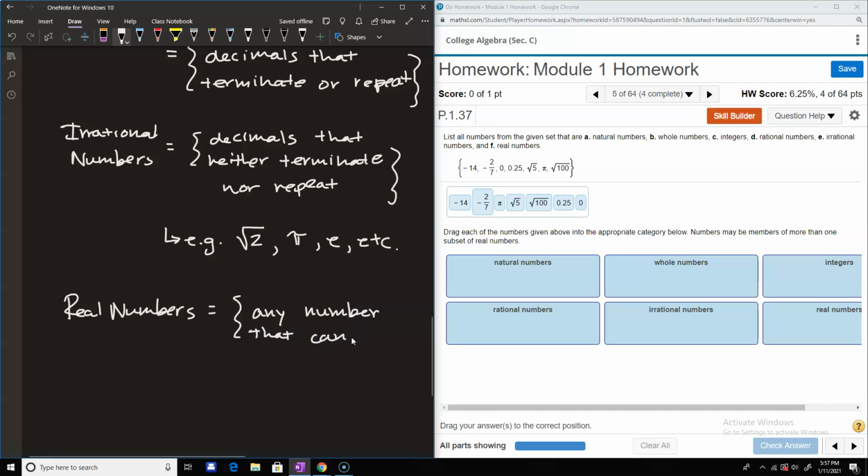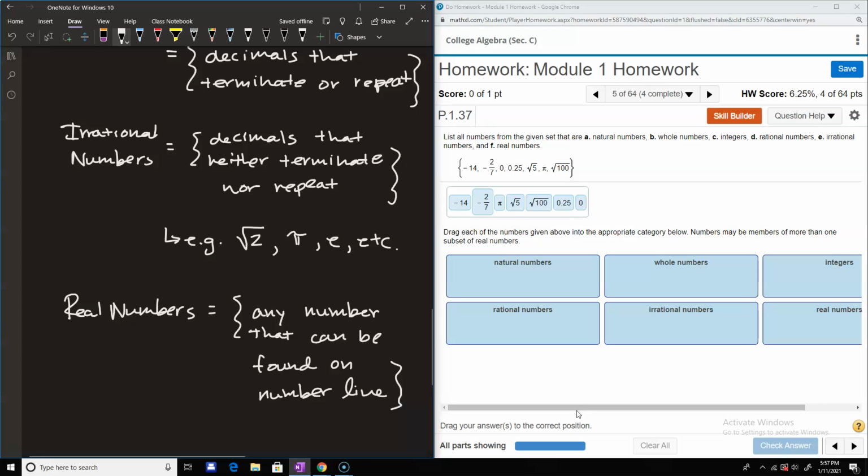So any number that can be found on the number line. It's probably the easiest way to think about it. So all of these groups of numbers that we've talked about so far, they all are contained in the real numbers.